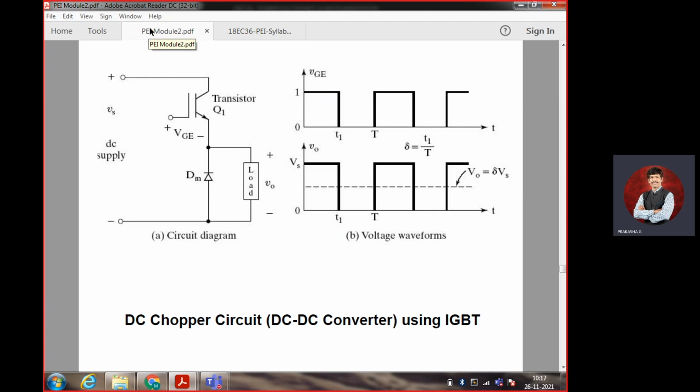What is MOSFET? Have you not come across MOSFET?